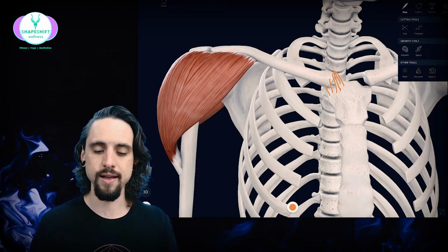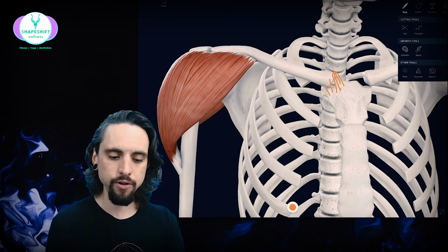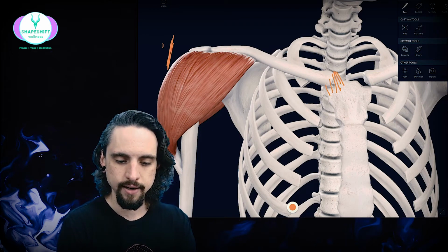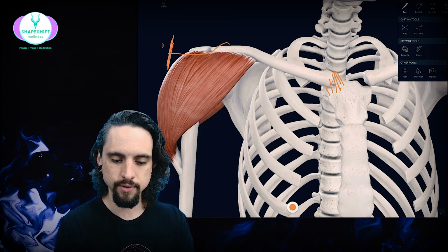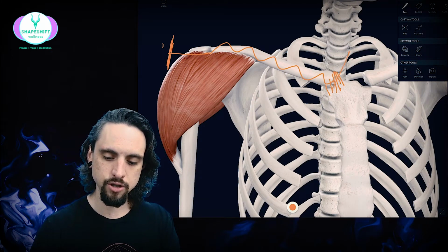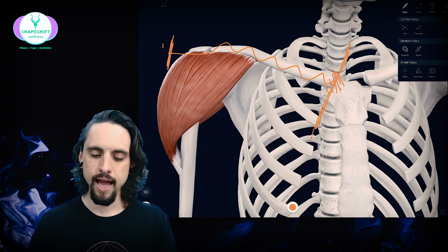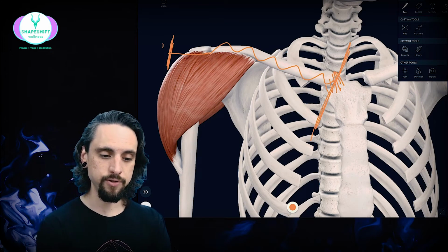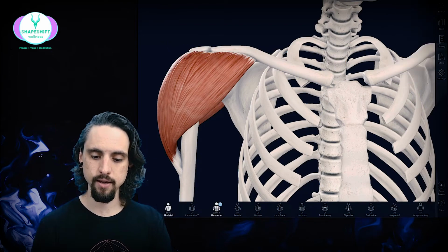So this joint is the sternoclavicular joint. All the force that comes in from landing on your side goes in here, travels along the collarbone, and hits a hard stop right there, and so something along there breaks. That's why the clavicle has the most fractures in the human body.